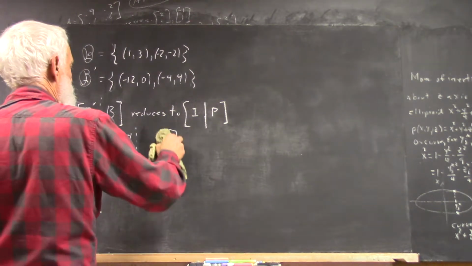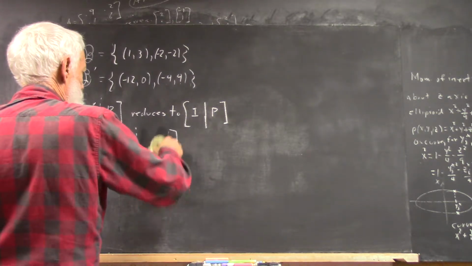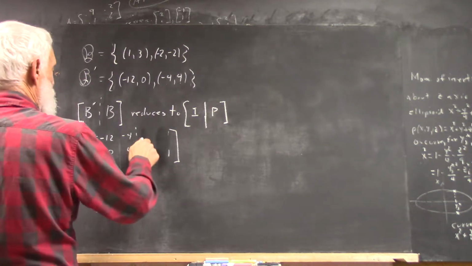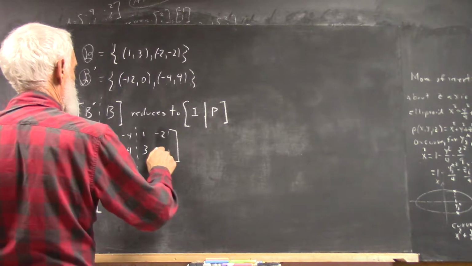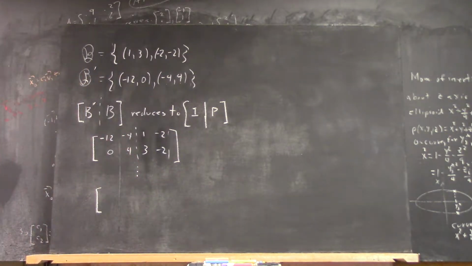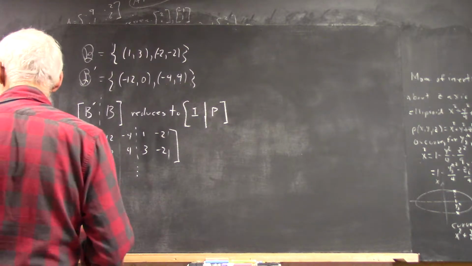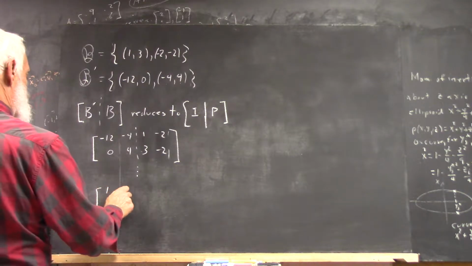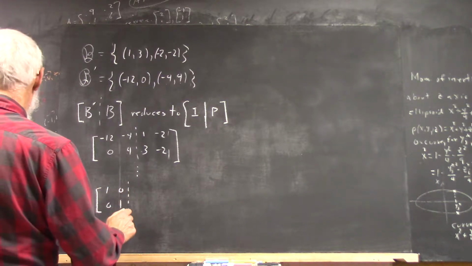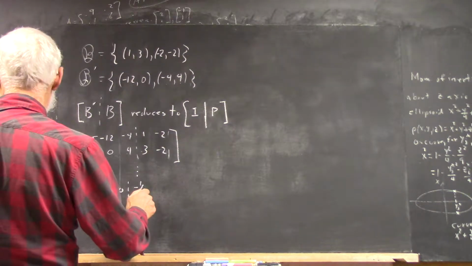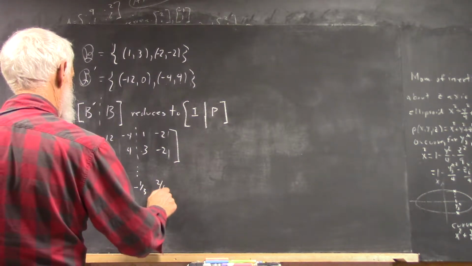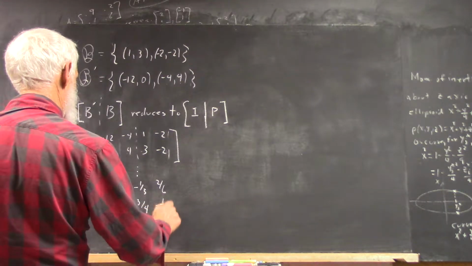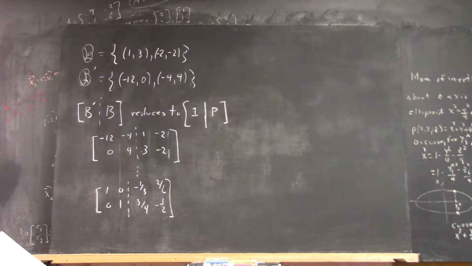I'm not sure what I did, I don't even remember what I had written. But it should be 1, 3, and negative 2, 2. Negative 2, negative 2. Okay, so this reduces, according to the paper I'm looking at, to this.